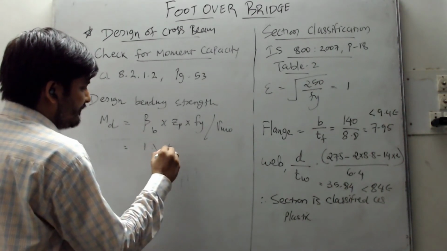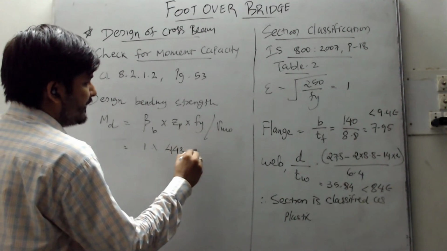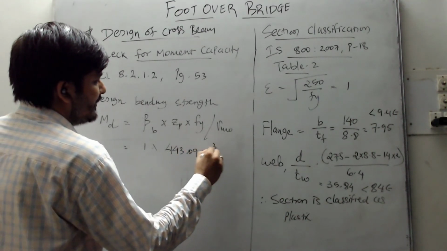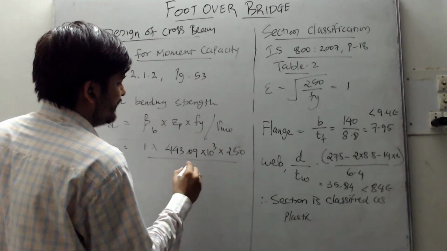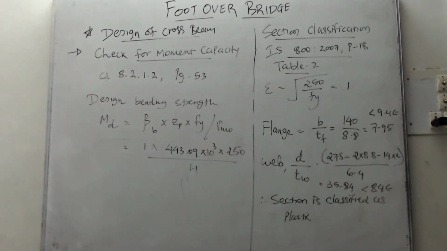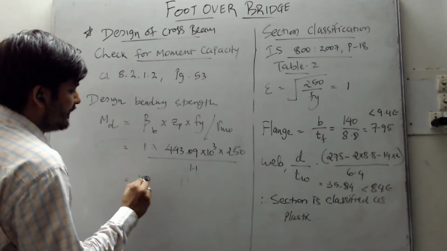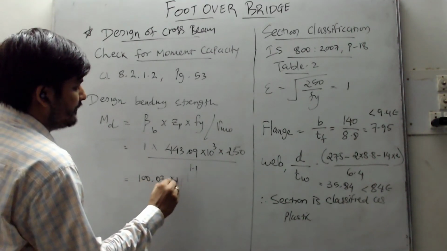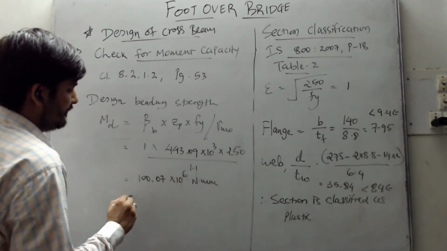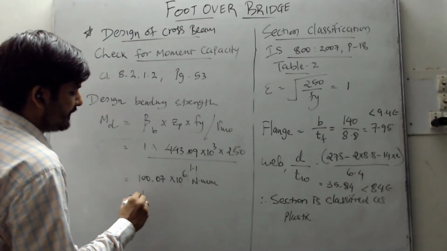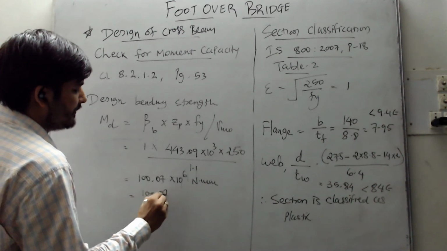Fy is 250, and divided by 1.1. So I get this answer as 100.07 into 10 raised to 6 Newton into mm. If I convert this into kilonewton meter, it will be 100.07 kilonewton meter.